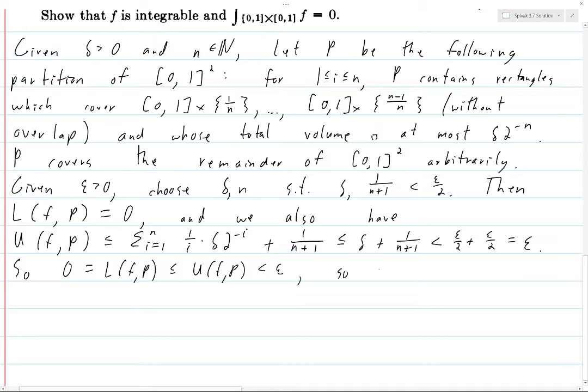So if we take the supremum of L(f,P), it is going to be 0 if it's equal to 0 for every single P. And then if we take the infimum over all U(f,P), then because given any epsilon, we can choose a partition such that U(f,P) is less than epsilon, the infimum must be smaller than any positive number, and so it must be 0.